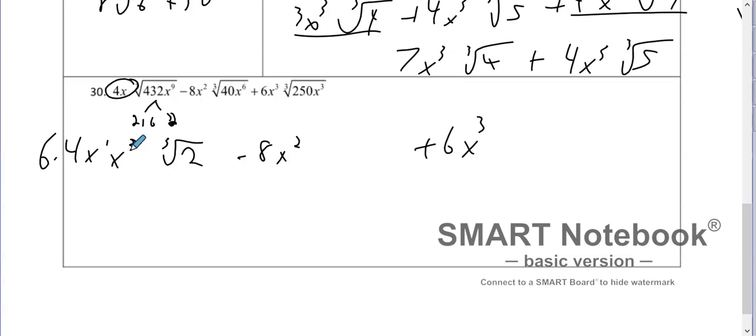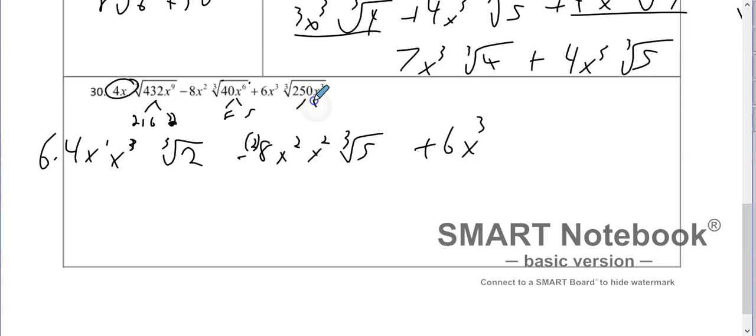That one's done. Now this one, 40, that's going to be 8 and 5. So the cube root of 8 is 2. So I'm just going to put a little parentheses 2 there to remind myself to multiply. And then cube root of 5 is just going to be stuck inside. Then my x's. 6 divided by 3 is x squared again.